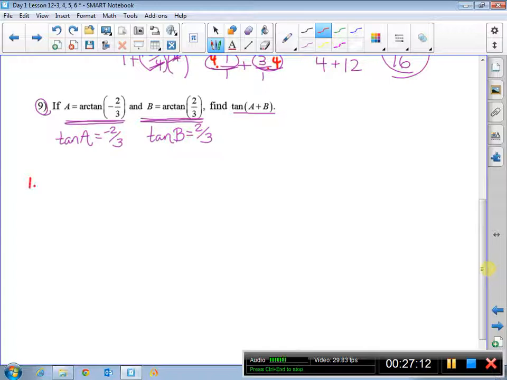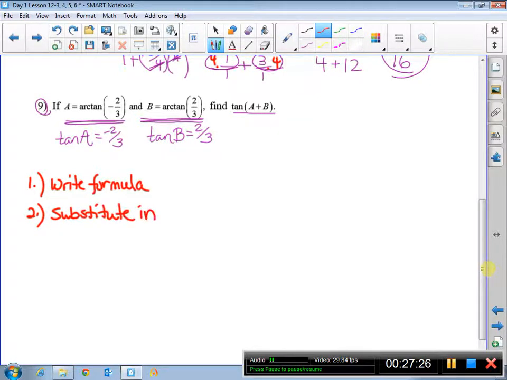I'm going to recommend first, write the formula for what you are being asked to find. Number 2, substitute in your values. And then you're going to do the work and make sure you have your answer in simplest form.